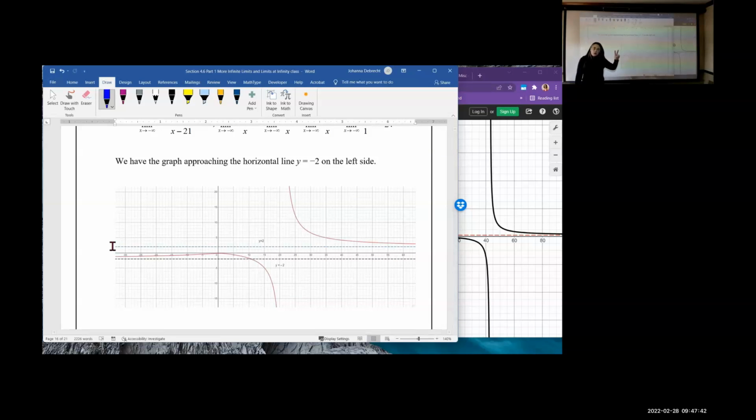And I have 2 asymptotes that are graphed. On the top, I have the graph of y equals 2 in a blue dashed line. And on the bottom, I have y equals negative 2 in a black dashed line. And the red is the graph of that radical expression. And you can see that it is approaching positive 2 as it goes off to positive infinity. And it is approaching negative 2 as it goes off to negative infinity.